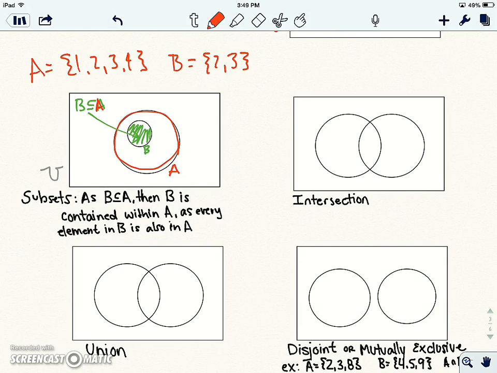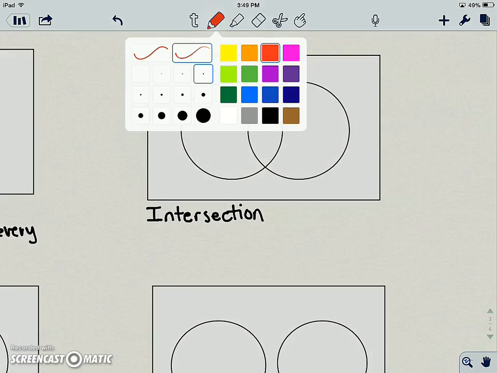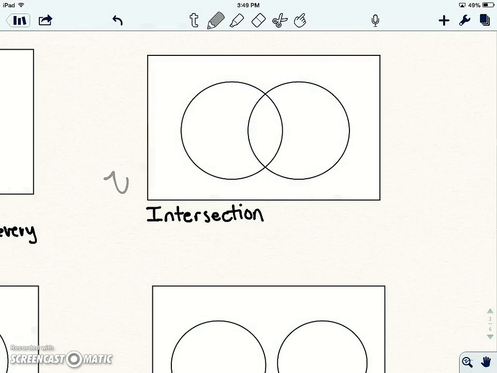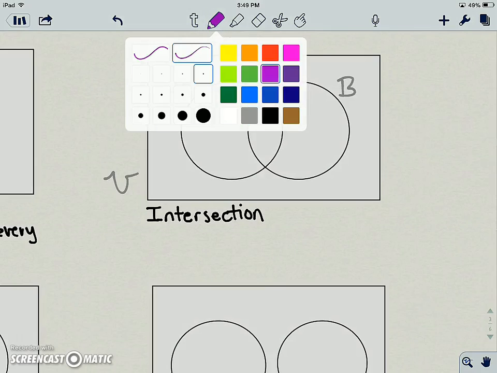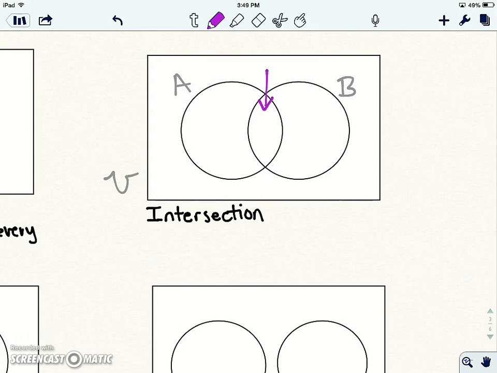We have intersection. Okay, so we have some universe, an A and a B, and the intersection part is this middle part. This is A intersect B. That's where they overlap. We'll do it with numbers in a minute.